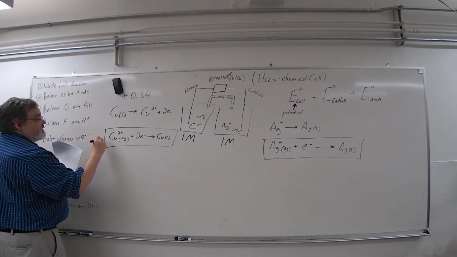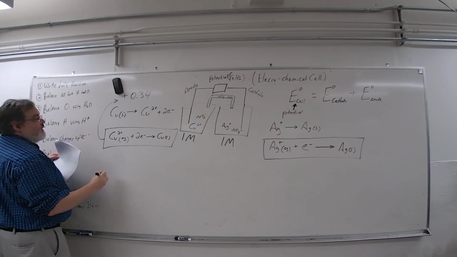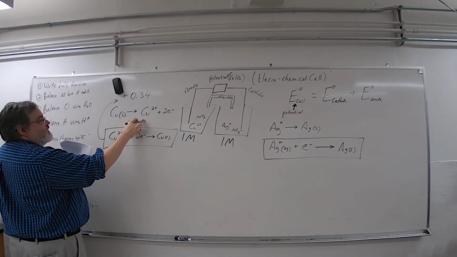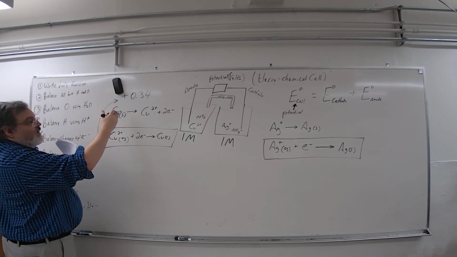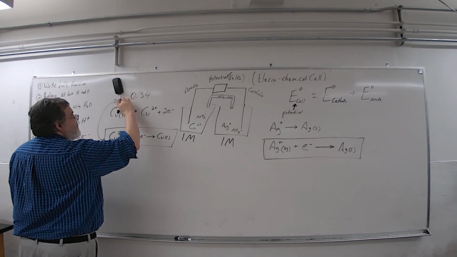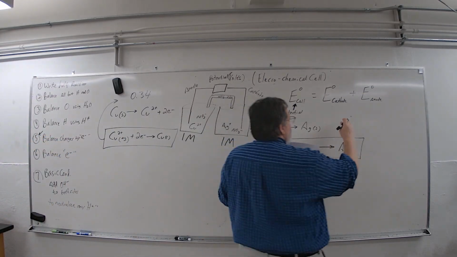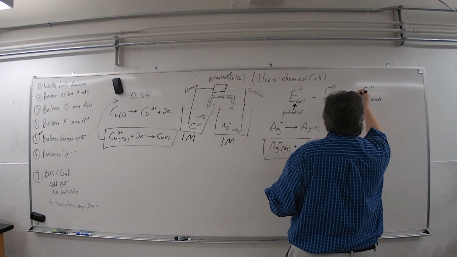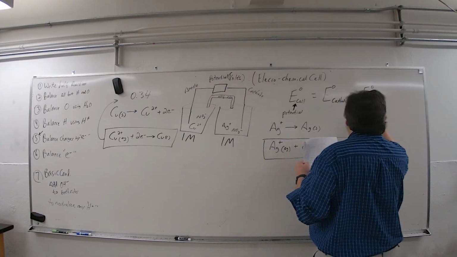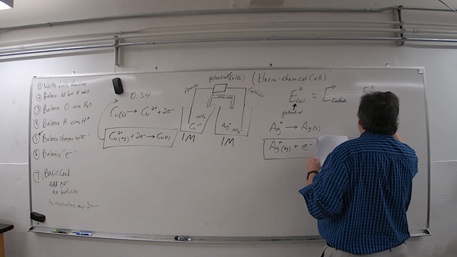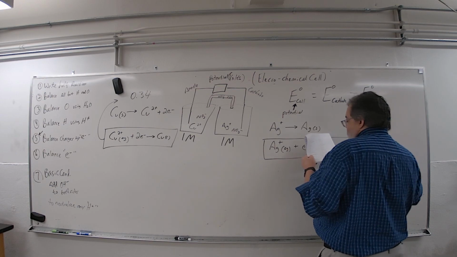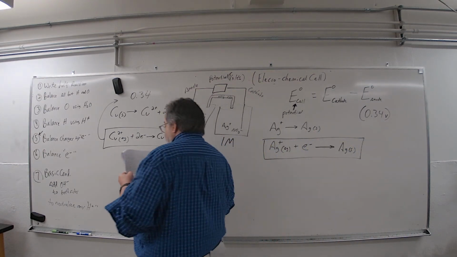But that's for this. Since we actually have this, you have to swap the sign out. The negative is going to take care of it, it's going to force that to be negative. So what I've got here is 0.34, and these are V for volts.